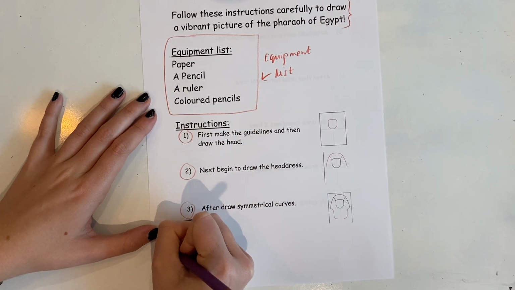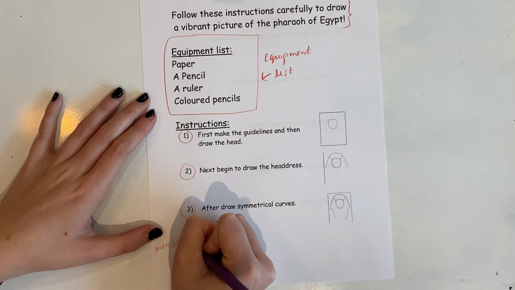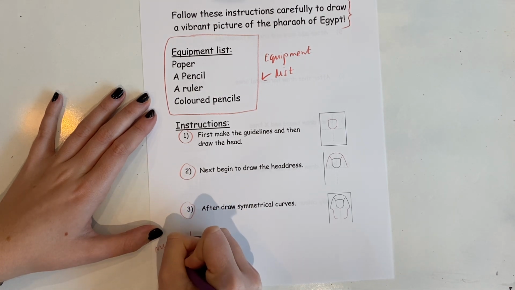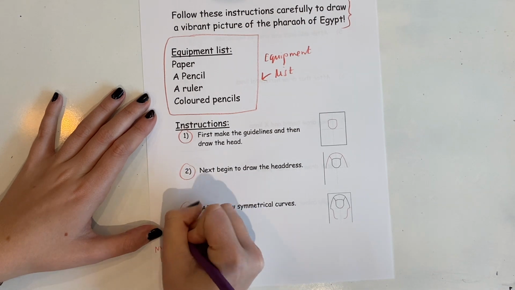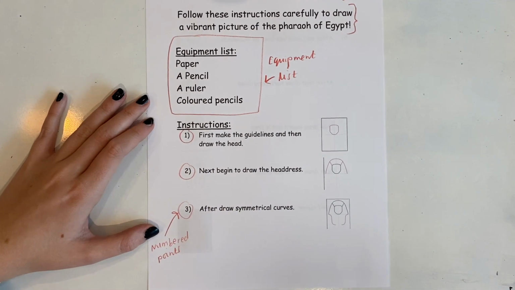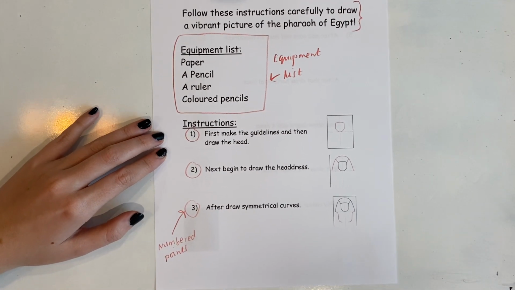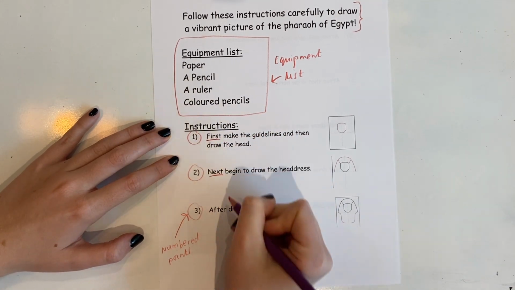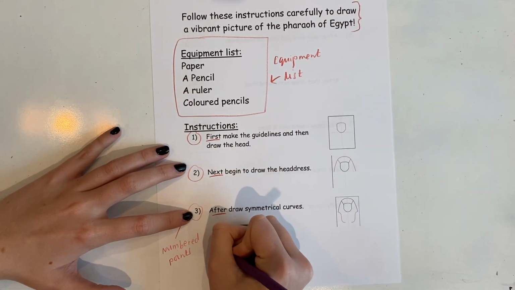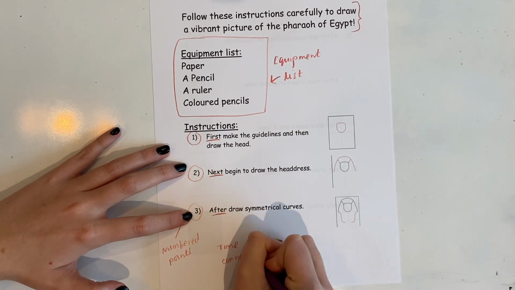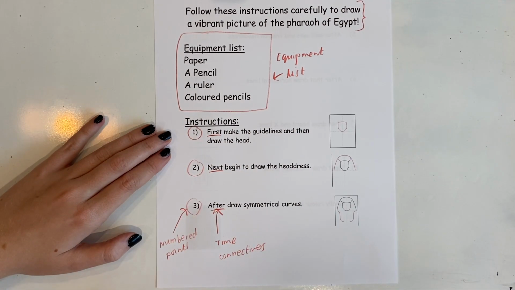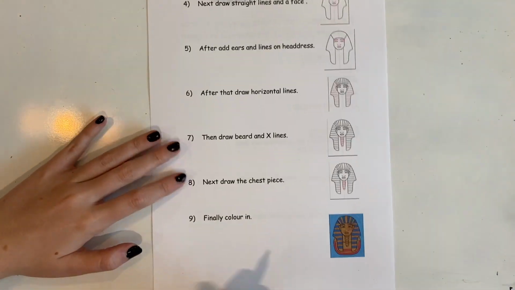This also tells us that it's in chronological order. I've spotted some time connectives as well. If we turn onto the back, our instructions continue.